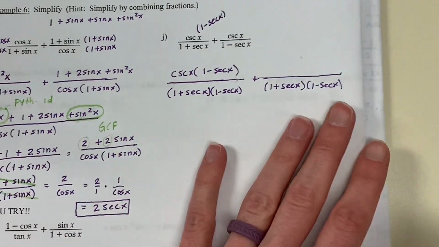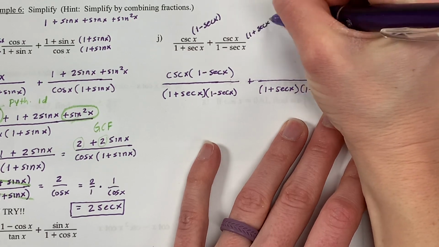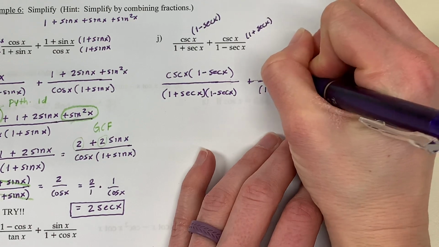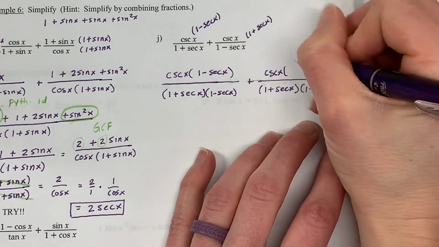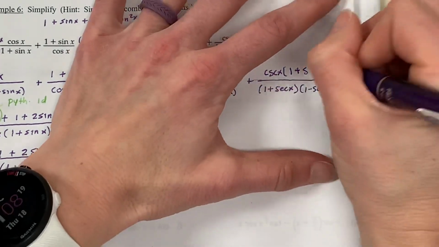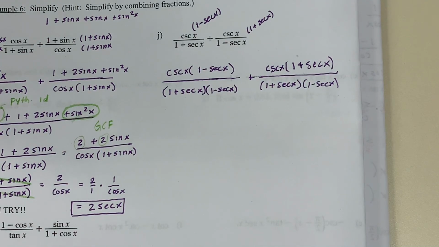And the second fraction, I need to multiply by 1 plus secant x over 1 plus secant x to get the common denominator. So I have cosecant x times 1 plus secant x.